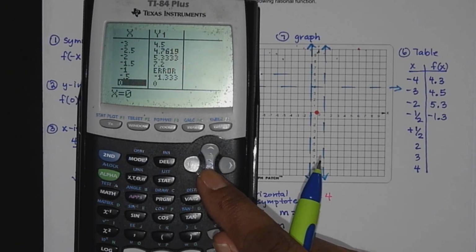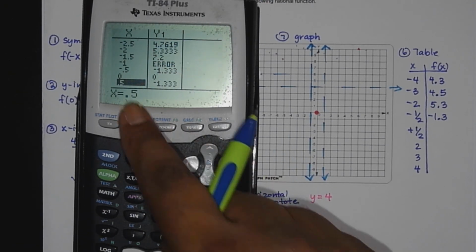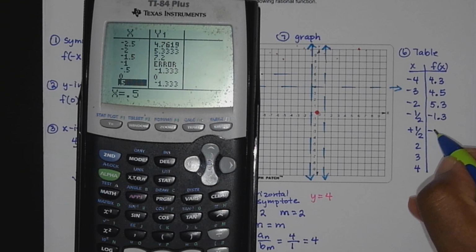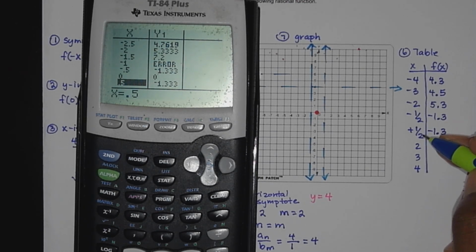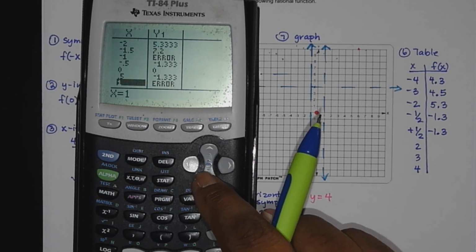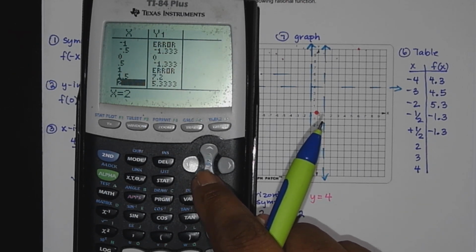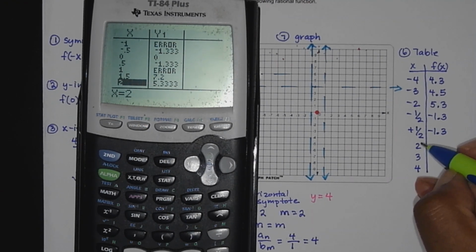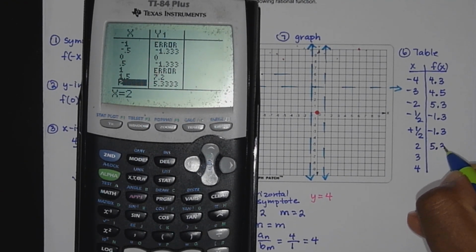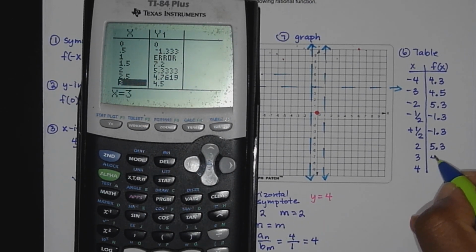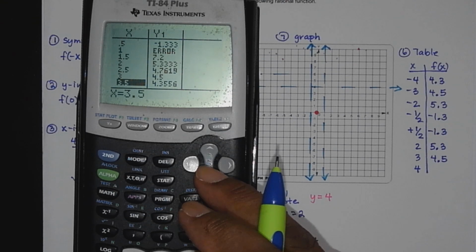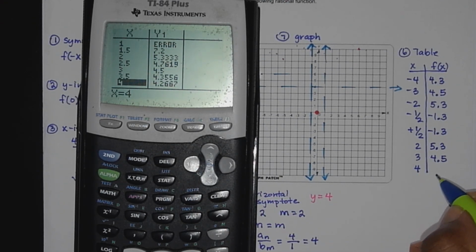And then for 1/2, or 0.5, that's going to be -1.3 as well. So pretty much you can see that the graph of this function is going to be symmetric with respect to the y-axis, because -1/2 and positive 1/2 have the same value for f of x. And you'll see that for the others, like for x equals 2, here 5.3, the same f of x value as when x is -2. And then for x equals 3, 4.5. And finally for 4 would be 4.3.